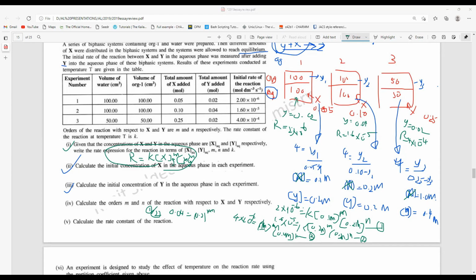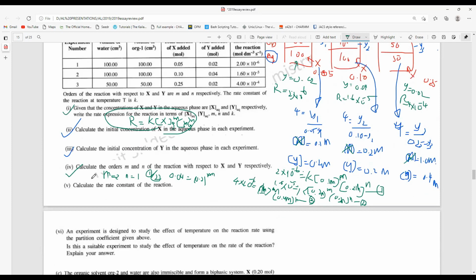So m would be equal to 2. So here we will find m is equal to 2, and do the same for n. Find n, and you will find n is equal to 1. So that's the idea, right? You divide 3 by 1, you can get n is equal to 1.